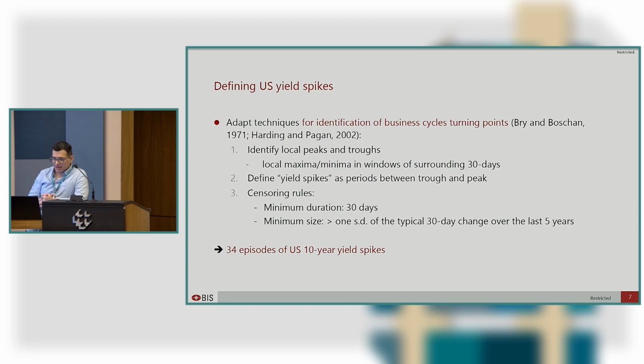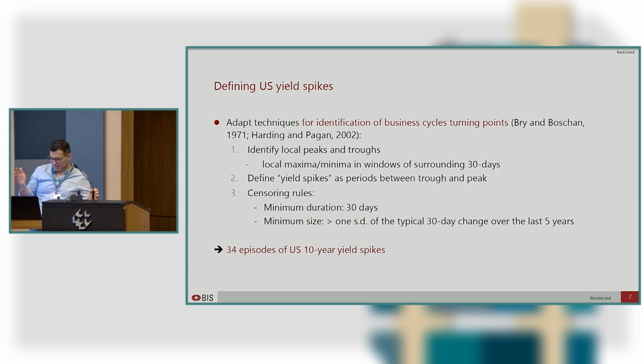First, we are going to identify local peaks and troughs as local maxima or minima in windows surrounding of 30 days.